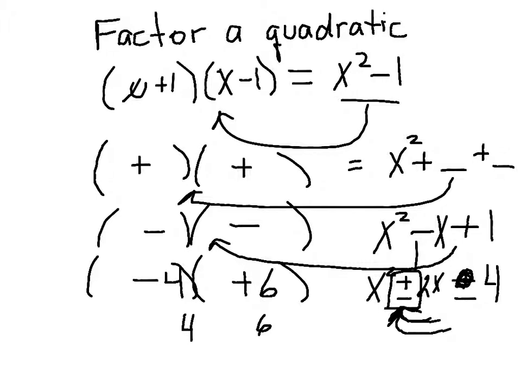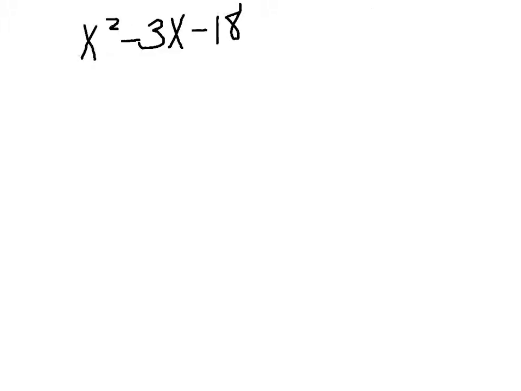Okay, let's do some of these. Okay, x squared minus 3x minus 18. I'm going to go ahead and put a 1 here, even though you usually don't see it, because I'm going to talk to you about a trick. So a trick is to take this number and completely factor it. So remember the factors of 18. I can say 1 times 18, 2 times 9, or 3 times 6.